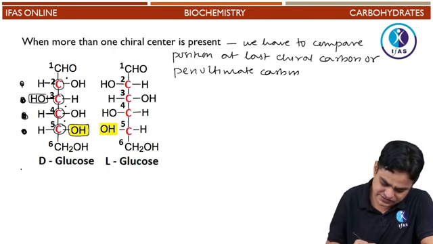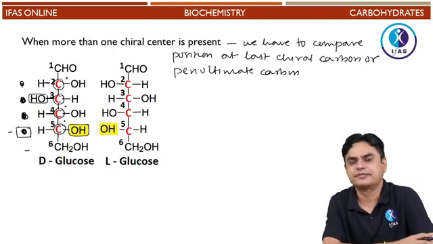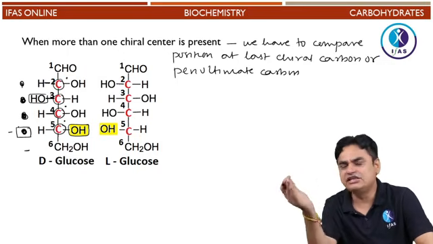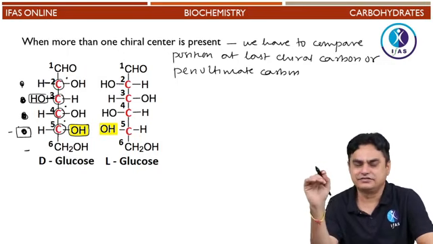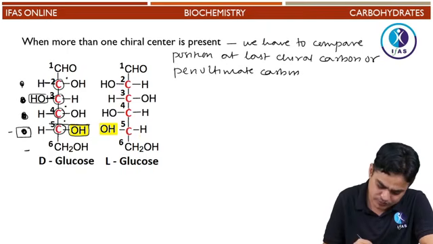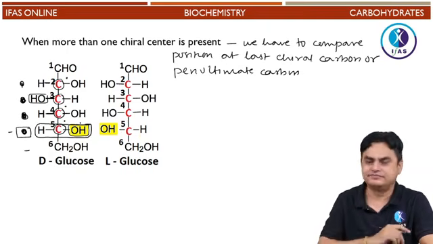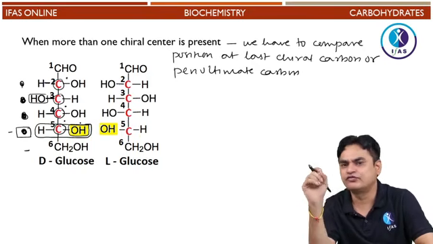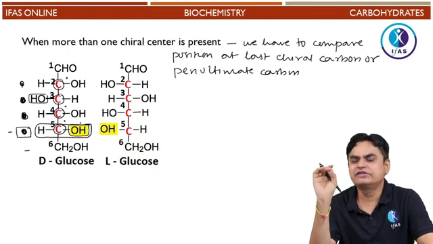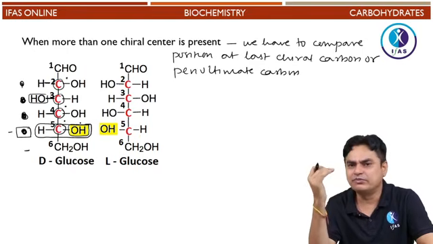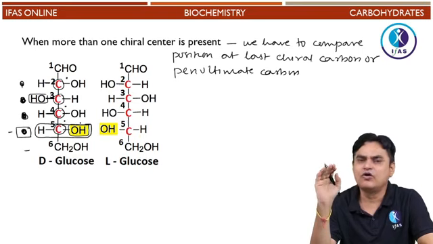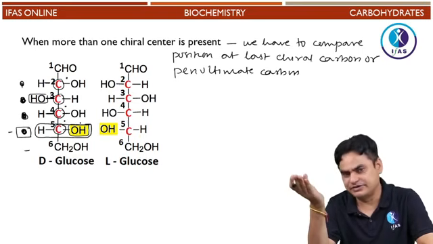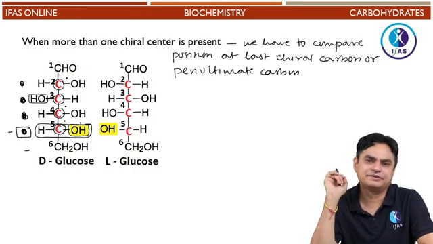You can say this is the ultimate carbon and this is the penultimate carbon. So you have to compare this position with D or L glyceraldehyde. If at this place the OH group is on the right side, we say it is the D form of glucose. So whenever there is more than one OH group, we compare the last chiral carbon, or second last carbon, which is also referred to as the penultimate carbon.